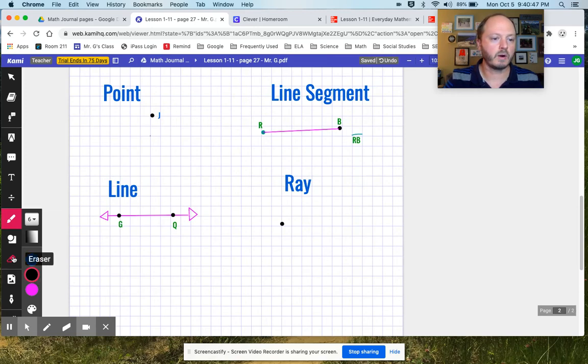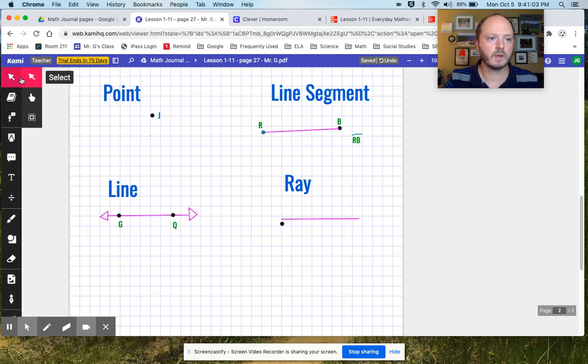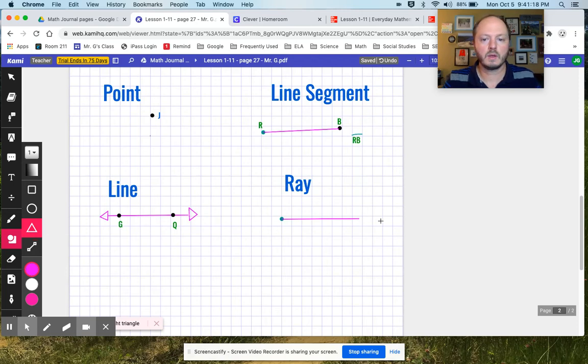And the next part is I'm going to extend a straight line off of that point. And I need to kind of match it up a little bit. There we go. And then the other end, I need to have one of these triangles or an arrow symbol to show that it has a starting point and it keeps going.